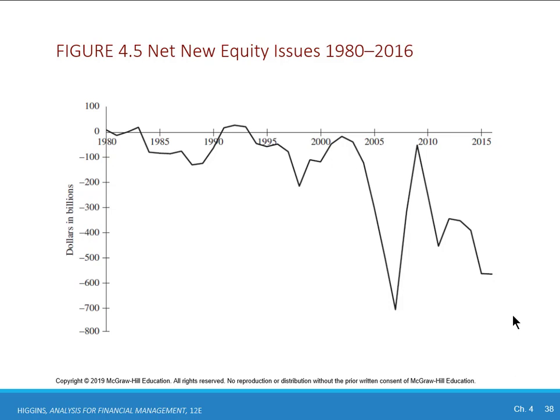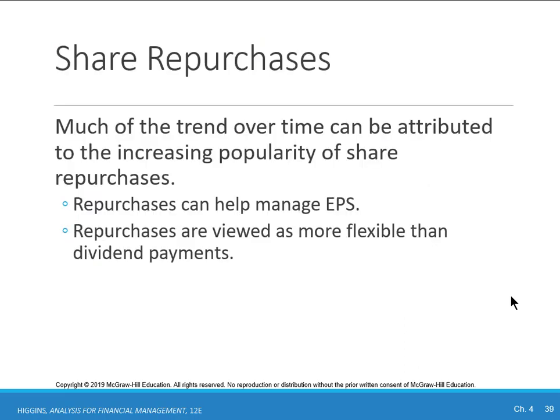So companies are either not issuing new shares, although a lot of companies still are issuing stock, but the overall trend with equity is that companies are buying back stock rather than issuing new stock. So much of the trend has been for this repurchase, right?